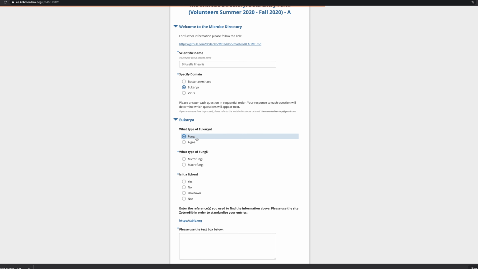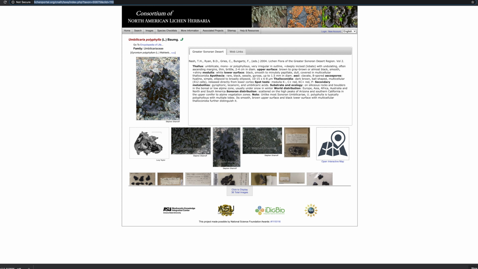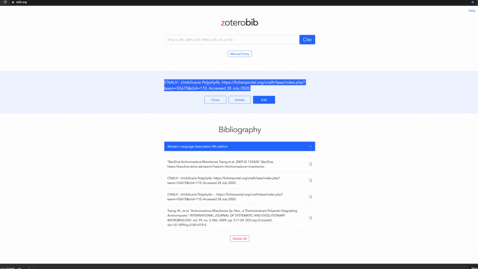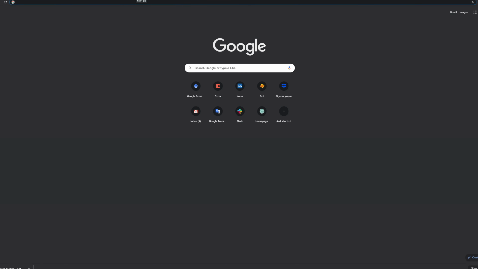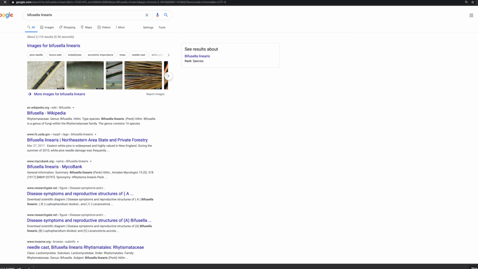So now we will answer what type of fungi this is, macro or microfungi. We'll close this, and we will do the same that we did with our previous species, and we'll look at any reference that comes with this species.